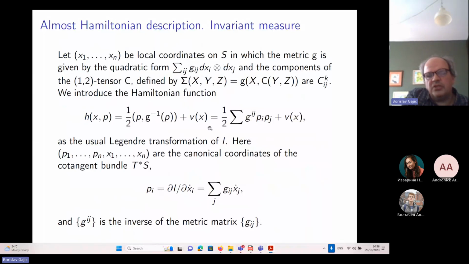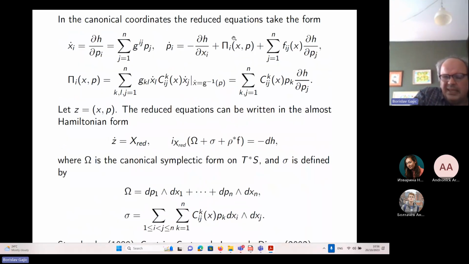We have the Hamiltonian function and the usual Legendre transformation, and one then gets the reduced equations written in this form. Of course, these equations are not Hamiltonian in the canonical structure. So we have this term pi, which is given by this formula.